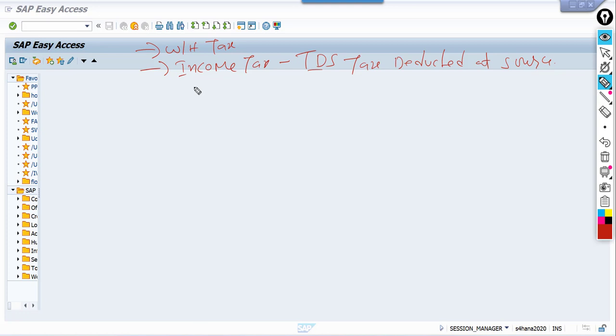Here I am taking one sample example. What will happen if we don't have this TDS concept? First we will understand without TDS, why the TDS concept is added in income tax.